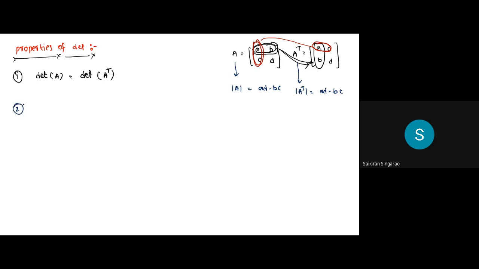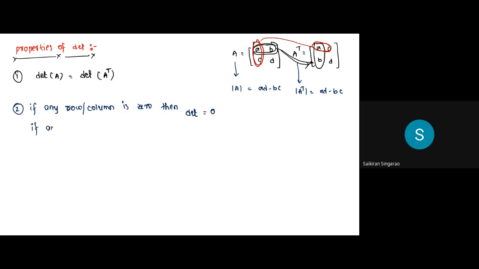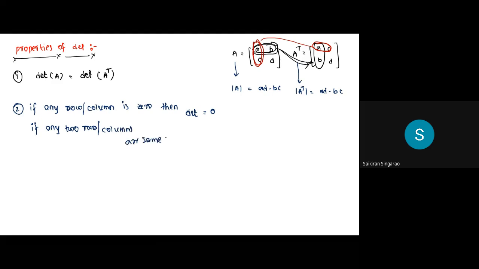Second property is something like this. If any row or column is 0, then determinant is equal to 0. Similarly, if any two rows or columns are the same, then also that is going to be 0, right?